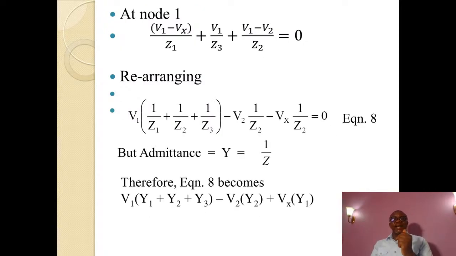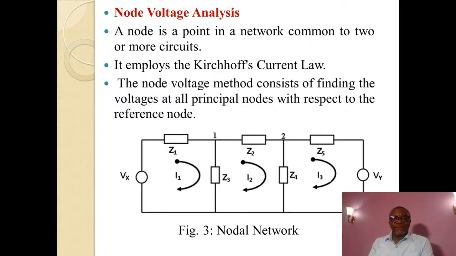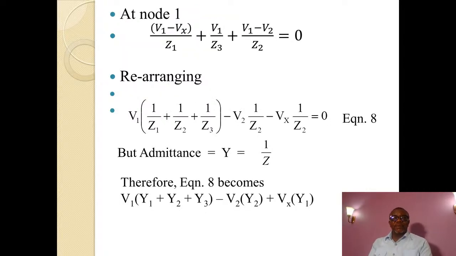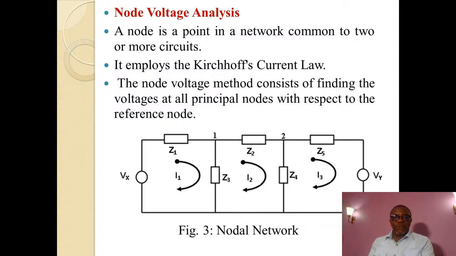So, say at node 1, look at that node 1. If we take V1 at that node 1, it will be (V1 minus Vx) all over Z1. Let's get it. (V1 minus Vx) all over Z1.